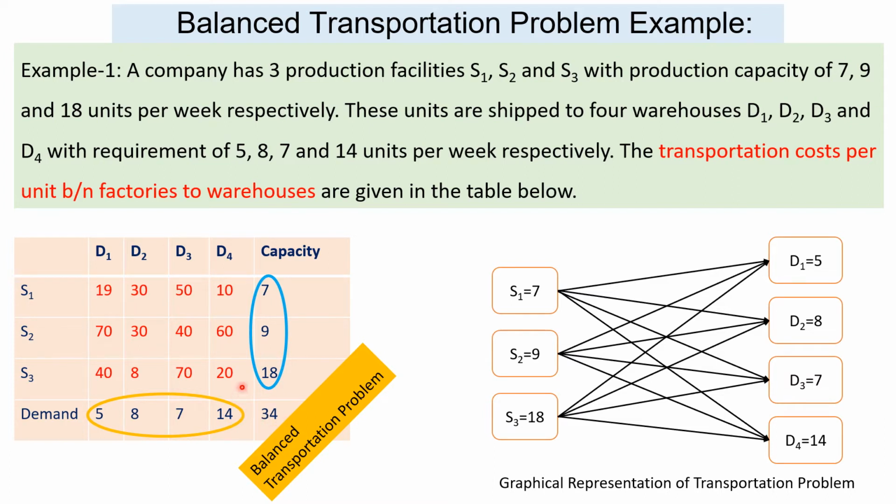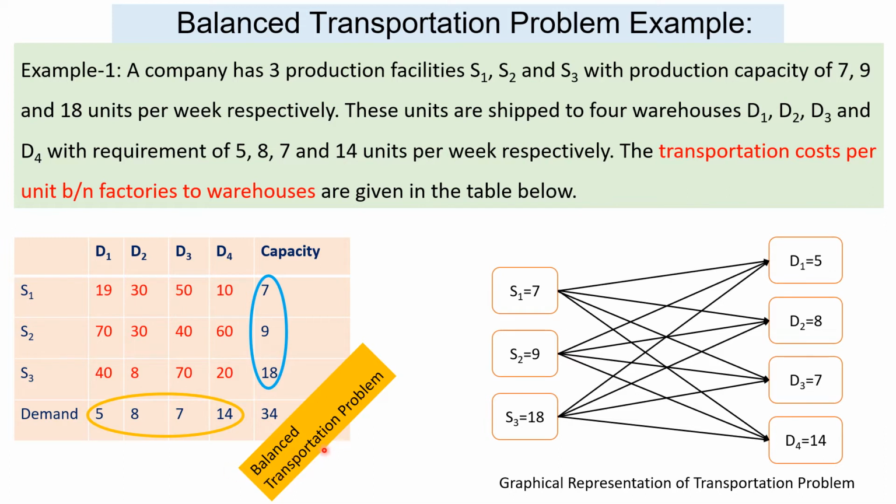Let's add the capacity: 7 plus 9, 16, 16 plus 18, 34. So the sum of the supplies, or the capacity, equals the sum of the demand, that is 34. So we can say this problem is balanced.